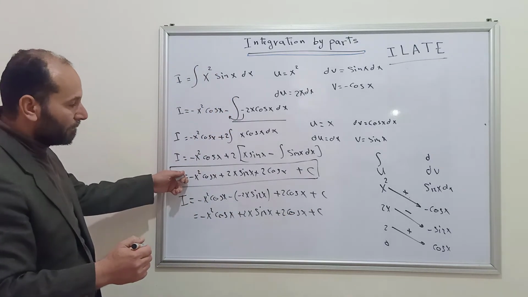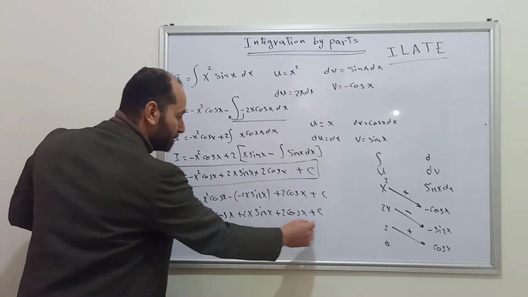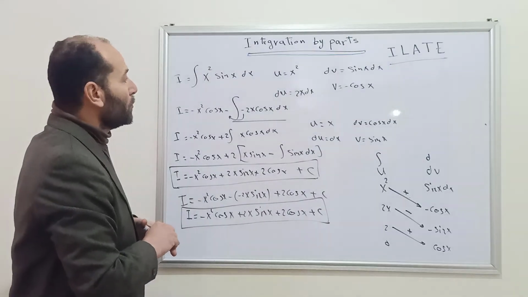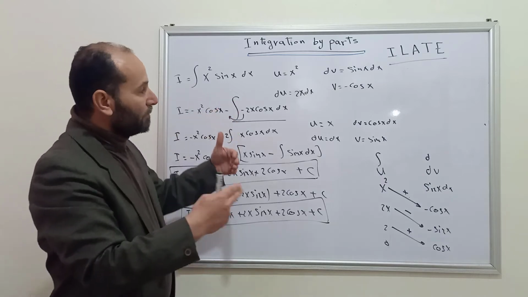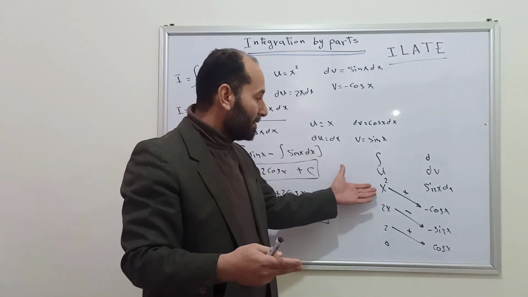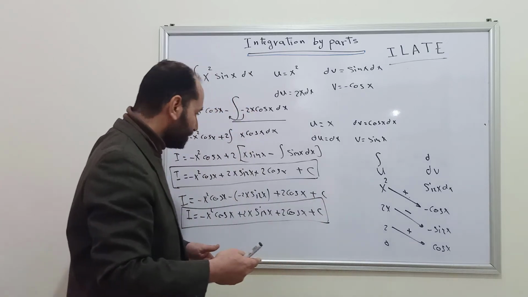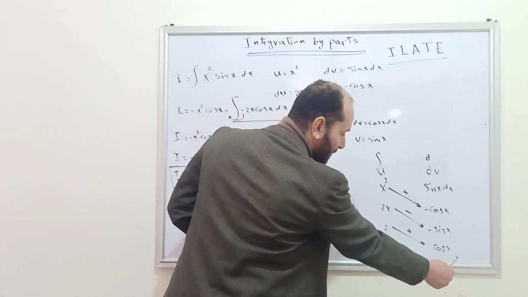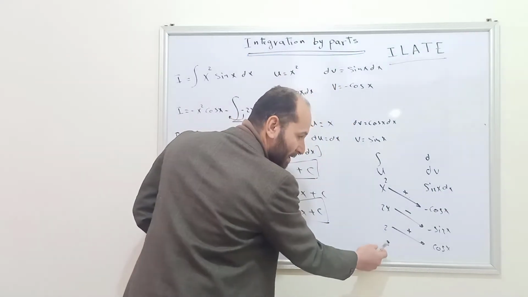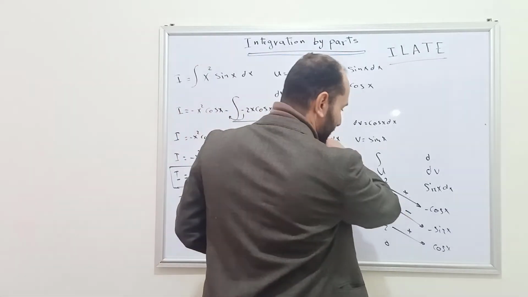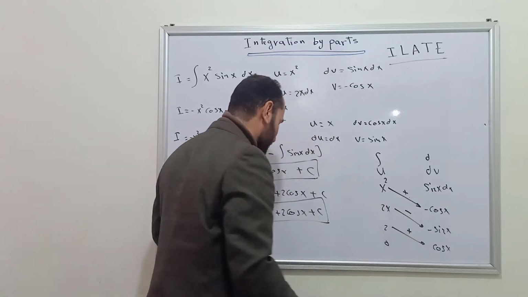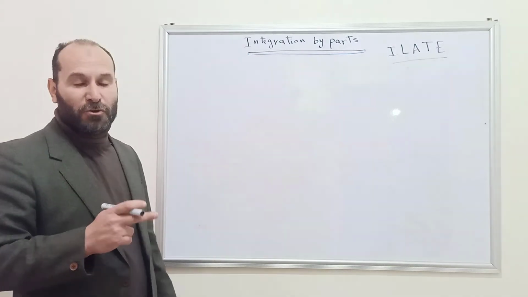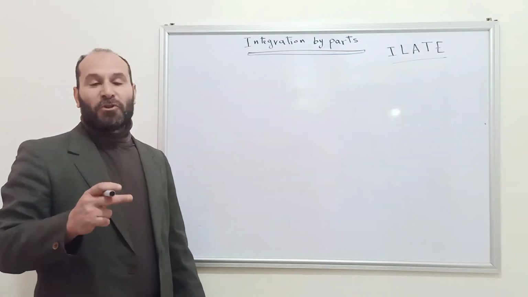This is the same result we found before. So if we apply this rule continuously, we differentiate here and integrate here to reach 0, and we apply this along the diagonal, positive, negative, positive, to find this integration.